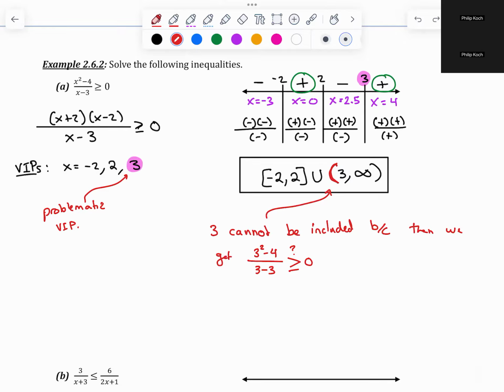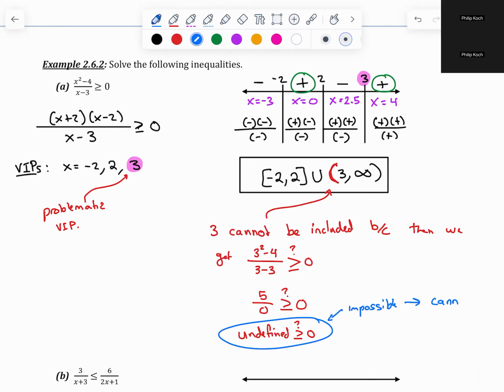That's 9 minus 4, that's 5 divided by 0. Is that greater than 0? Undefined. Is undefined greater than or equal to 0? And that's ridiculous. So that's the reason why.